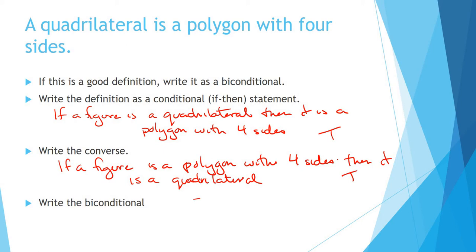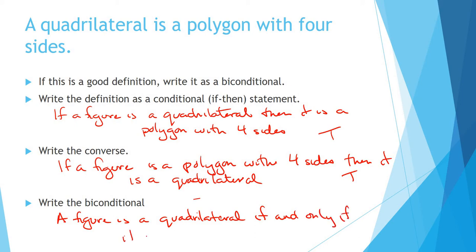Both of these are true, so this is a good definition, and we can write it as: a figure is a quadrilateral if and only if it is a polygon with 4 sides. So we're getting the idea?